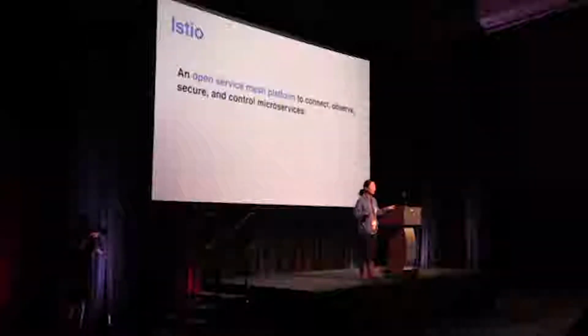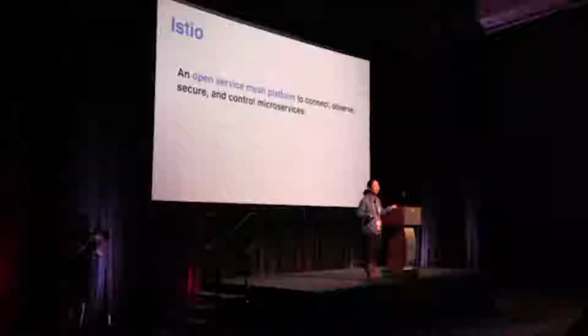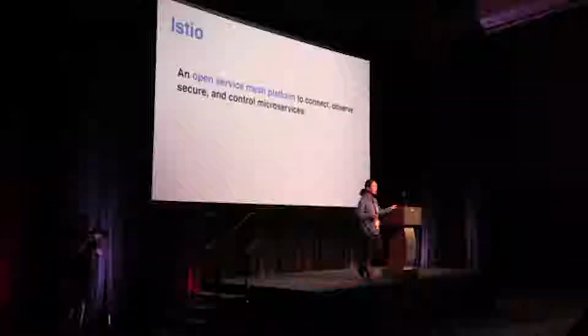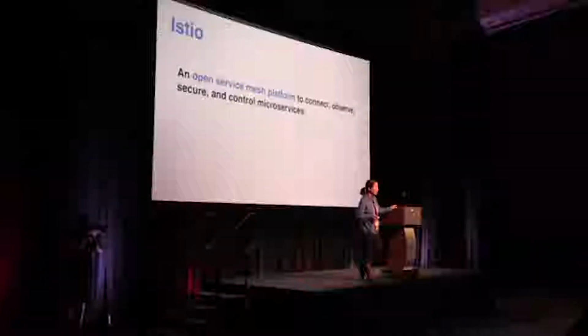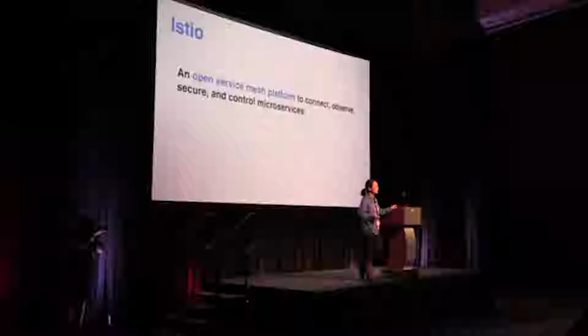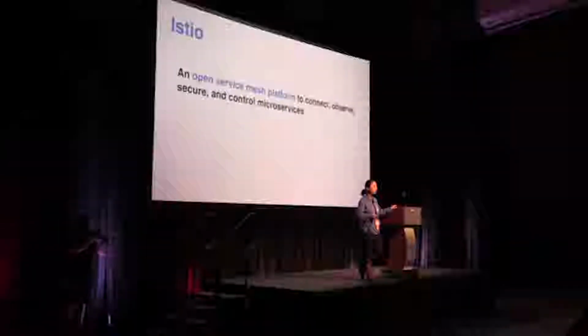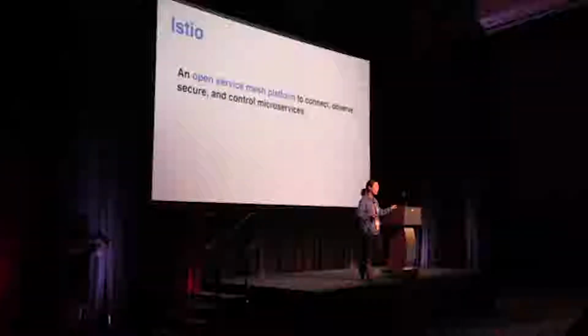What's best about Istio is that it leverages the concept of service mesh, and it provides an open service mesh platform to solve the connect, observe, secure, and control microservice problem. So your application doesn't have to solve that problem.